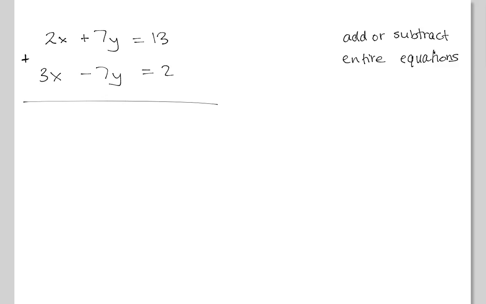What would happen here? Well, 2x plus 3x, what's that going to give? And look at this, 7y plus negative 7y, or 7 plus negative 7, what is that? 0. And then 13 plus 2. So what does that make x?